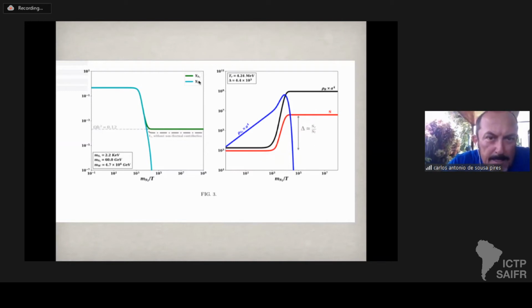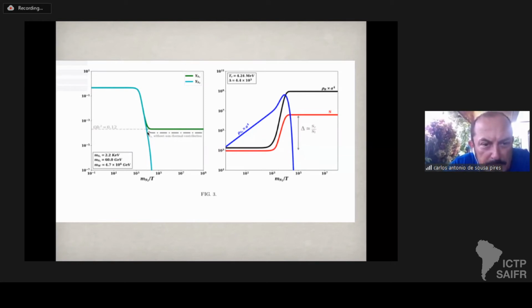But when S2 decays, you are going to have injection of entropy, and this line here means that you have an overabundance of dark matter and S2. But when S2 decays, the abundance comes to the correct one.